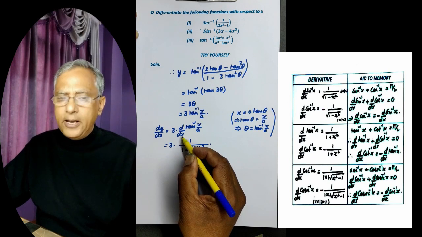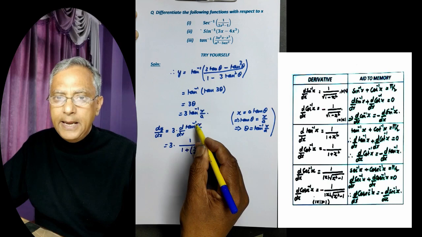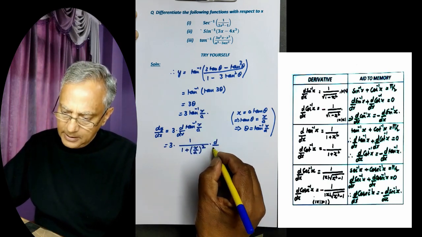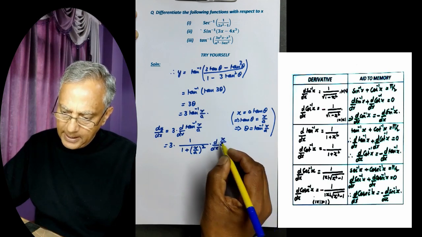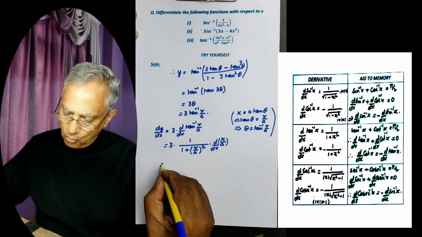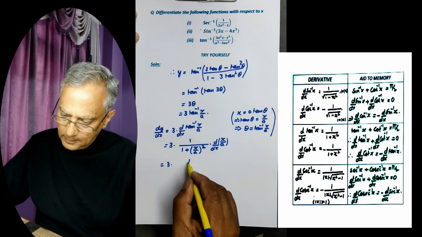Now the independent variable is x, but we are having the inner function as x by a. So we must take the differentiation of this function, d by dx of the inner function. The inner function is x by a instead of x. So what we get is 3 into.